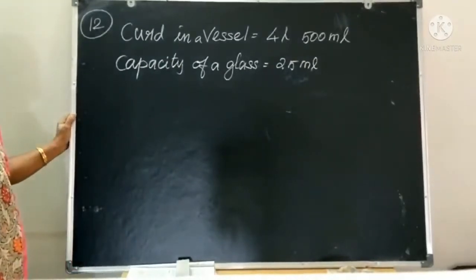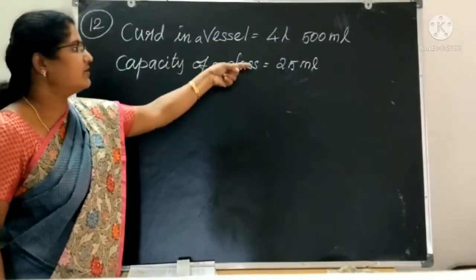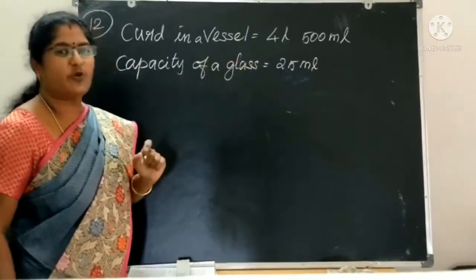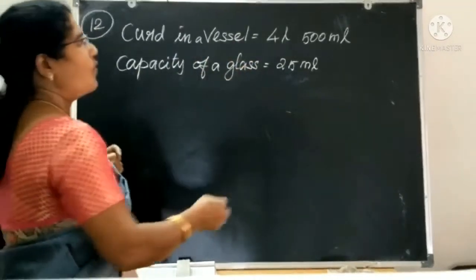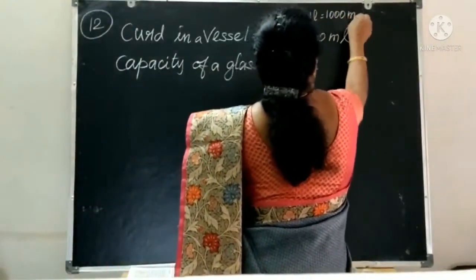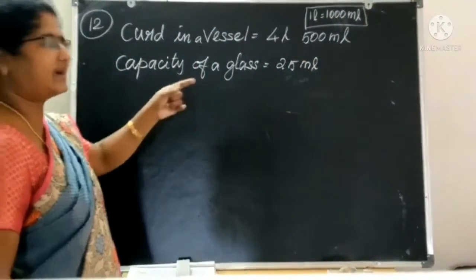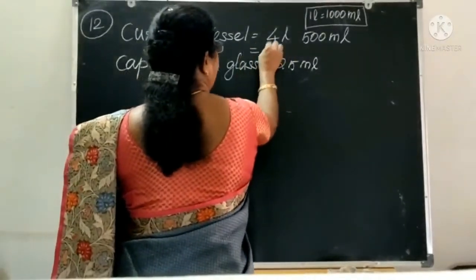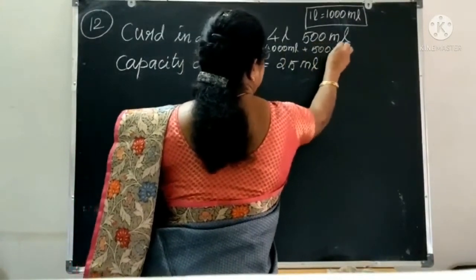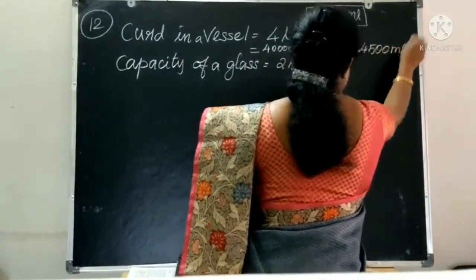For the number of glasses, we have to divide the total by this each one. Here there are units. The unit is given as 2 units, so we have to convert into the lower unit. 1 liter equal to how many milliliters? 1 liter equal to 1000 milliliters. So 4 liters is equal to 4000 milliliters, plus the 500 milliliters already here, so totally 4500 milliliters.